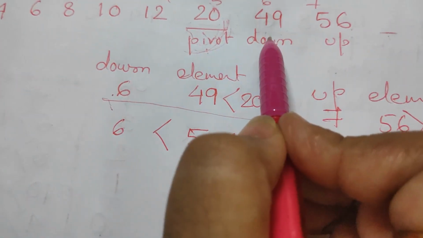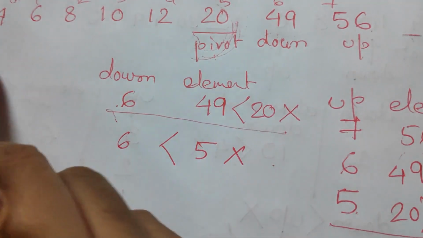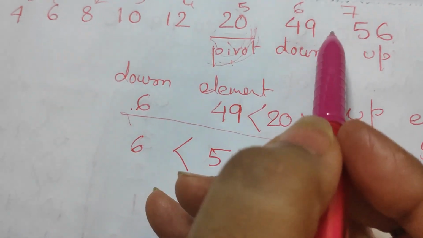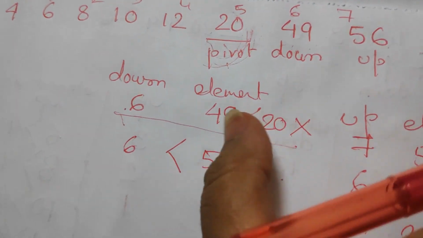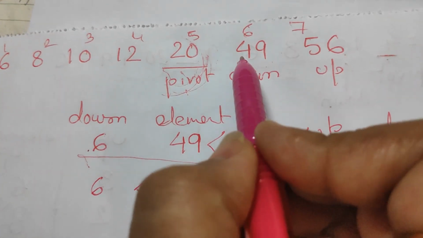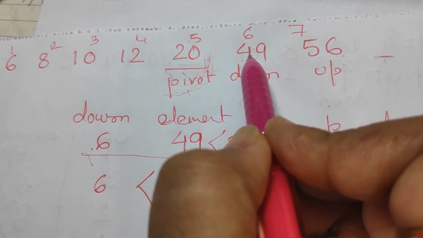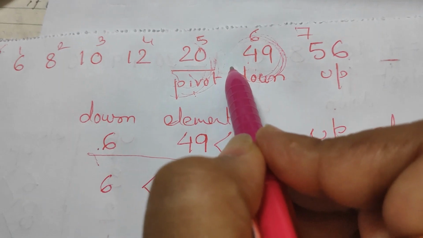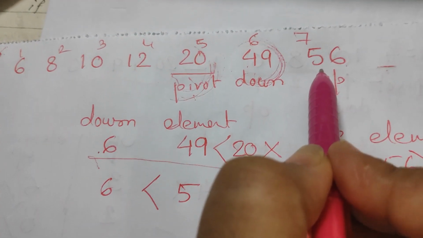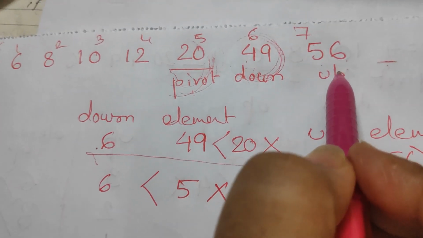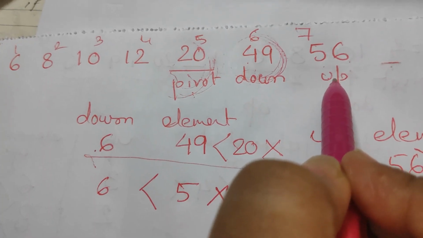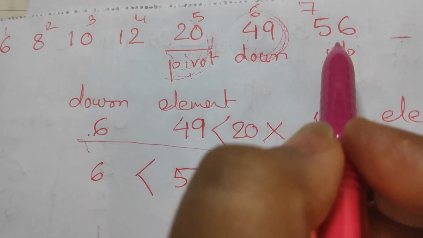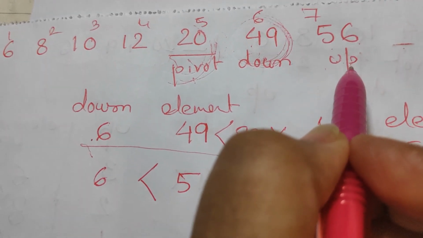Similar way now we move to 49. Because left hand side of 20 is already sorted, we have to move to right hand side of 20. Over here again we will take 49 as the pivot. Now as we take 49 as the pivot, this 56 will become up and down both for 49. 56 itself will become up and down for 49. Correct?